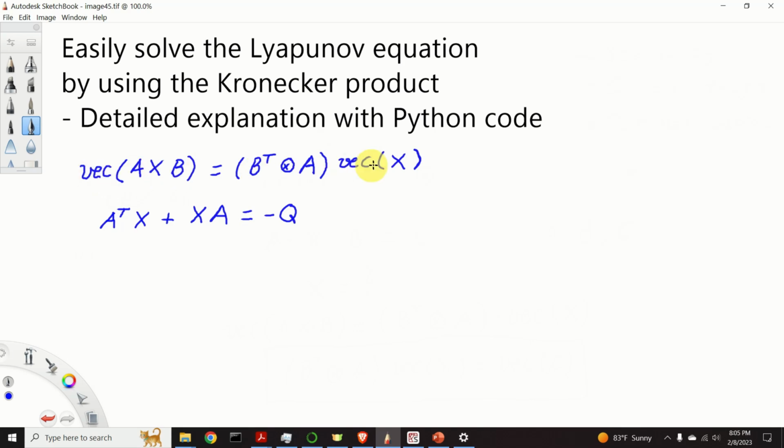Okay, here's the formula, and let's apply this formula to our Lyapunov equation. First of all, let's see what is vec of A transpose times x. We can write this as A transpose times x times identity matrix.